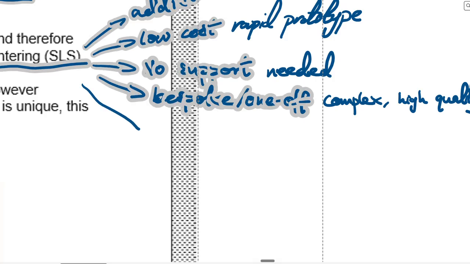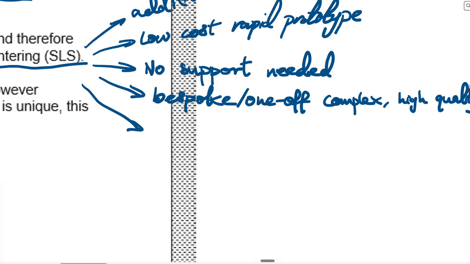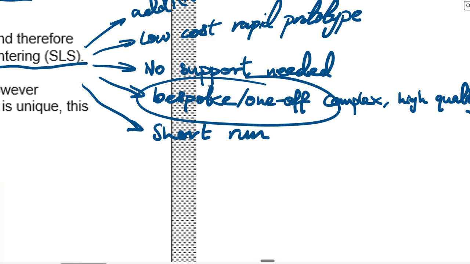And last thing to mention is the idea that it has a short lead time or runtime. Because it's for rapid prototyping, you can quickly build this prototype, and you can say for short runs, which means only one or two, three bespoke prototypes, right?